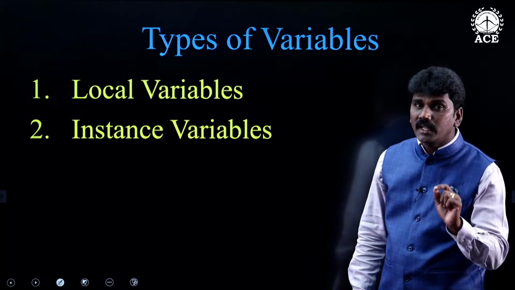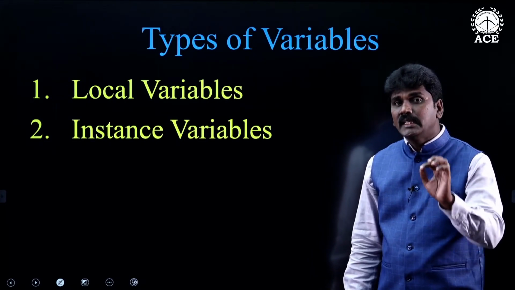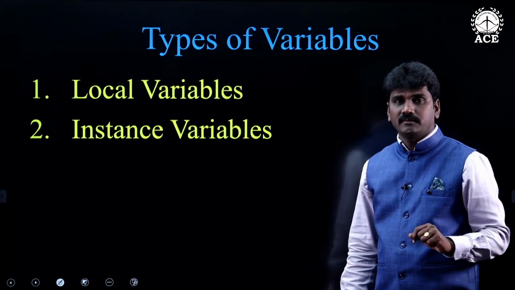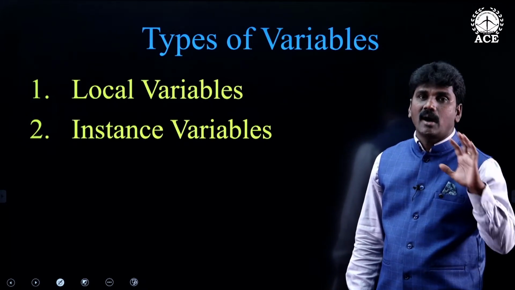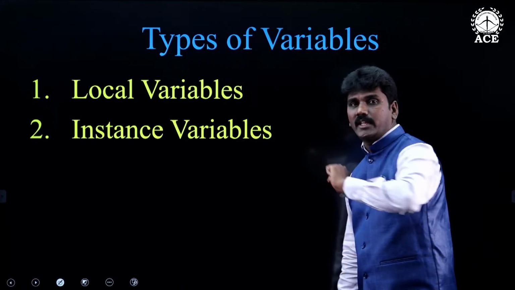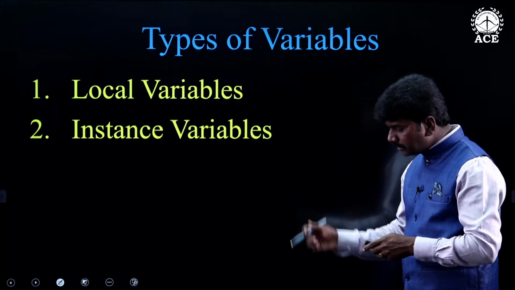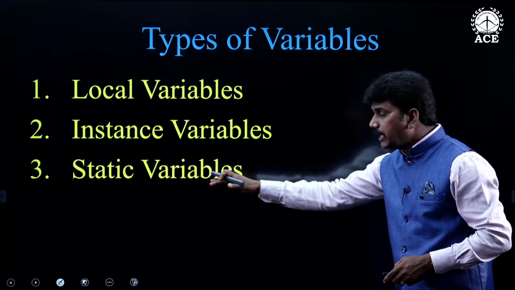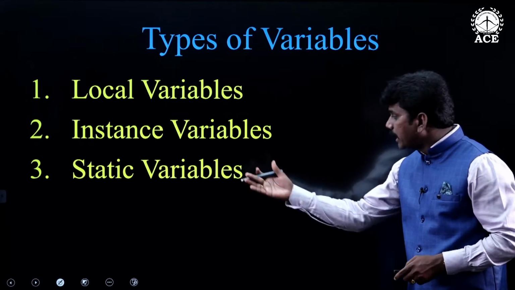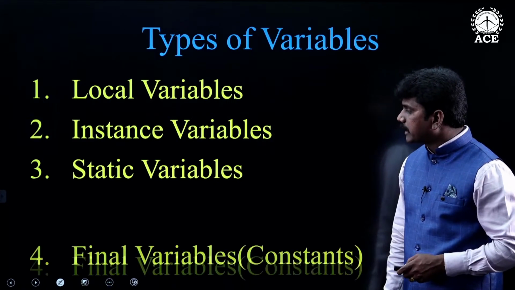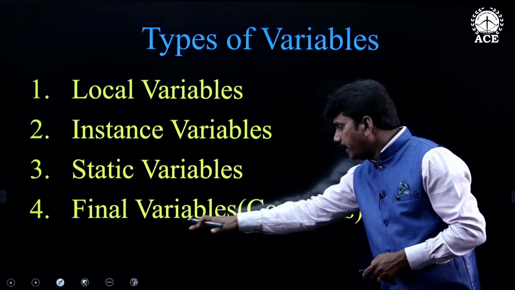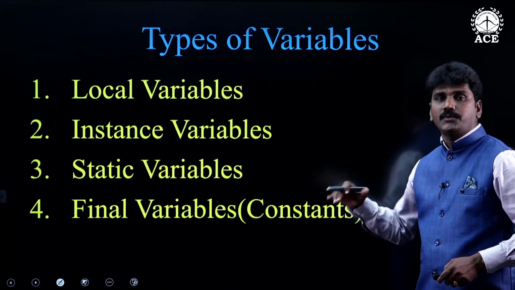What is an object? An object is an instance of a class. Whatever variables an object contains come under the instance variables type. Third one, static variables. Static variables are nothing but class variables. We will see. Next, the fourth one is final variables, or constants we can say.